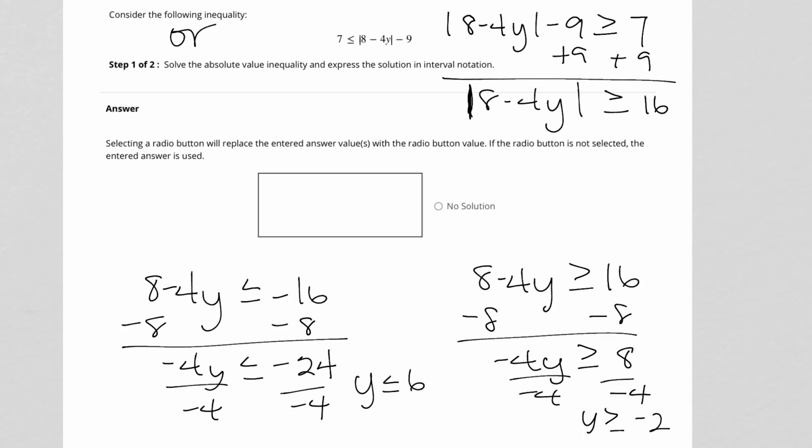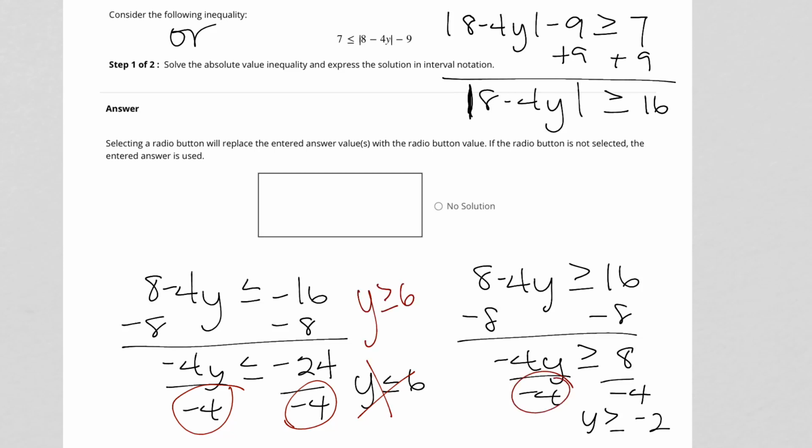It doesn't make sense because I can't be less than or equal to 6 and greater than or equal to a negative 2, if I'm talking about an or here. And I think my problem is right here. When I divide by a negative number, that bell should have been going off in my head. And so instead of y is less than or equal to 6, this one should have been y is greater than or equal to 6.